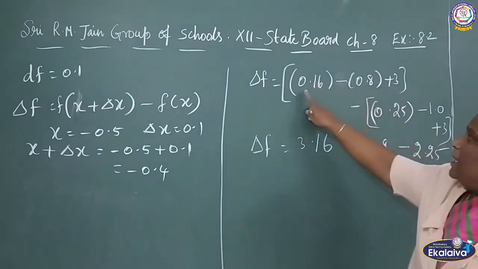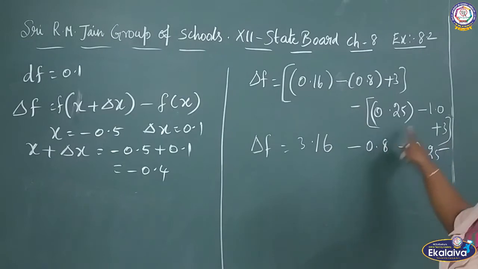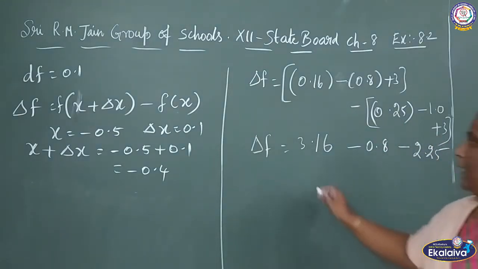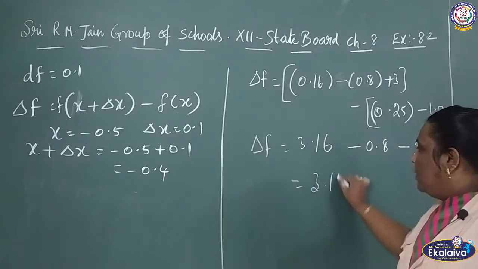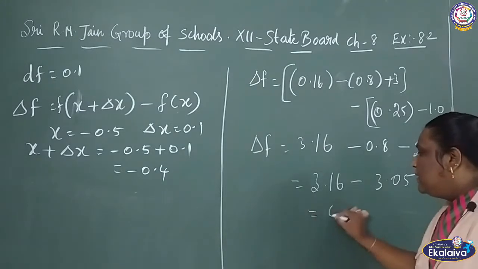So 3 plus 0.16 is what? 3.16 minus 0.8, and simplify, you get the value minus 2.25. It gives 3.16 minus 3.05. So when you subtract, what is the value you are getting?